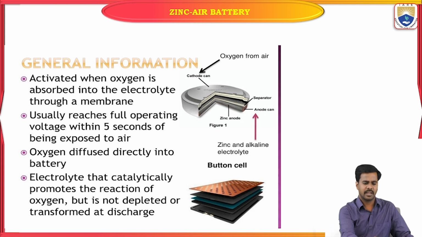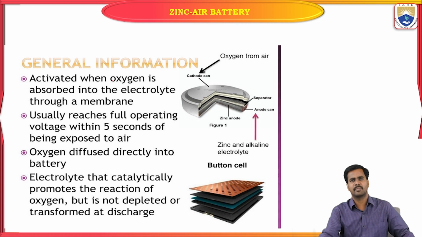The activated zinc air battery will be activated when oxygen is absorbed into the electrolyte through a membrane. It usually reaches full operating voltage within 5 seconds of being exposed to air.